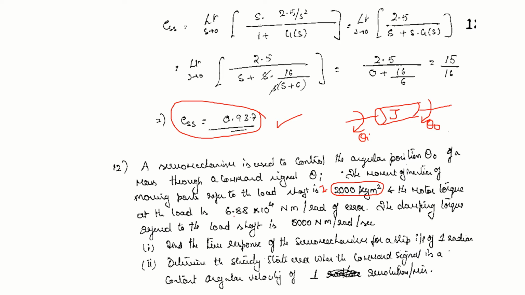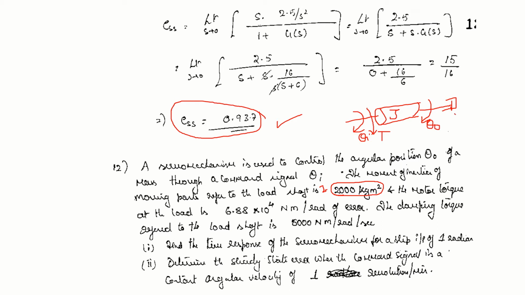The motor torque at the load is 6.88 into 10 to the power of 4 Newton meter per radian of error. Torque applied is also given. The damping torque is also given.